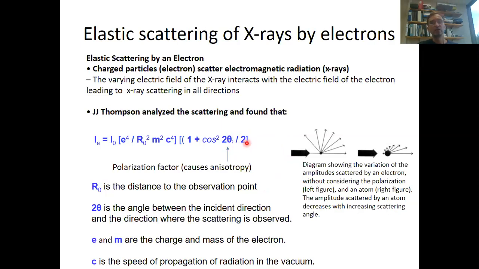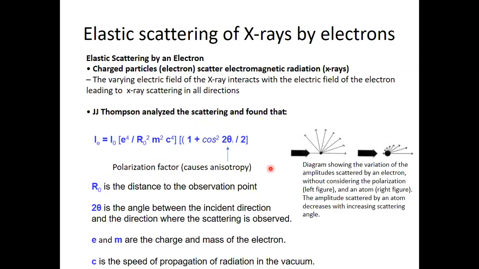Okay, so from this last term here, which contains the cosine term, it becomes clear that the X-ray scattering will be angle dependent. This term here is actually called the so-called polarization factor. So this means now that the intensity will be a function of 2 theta.